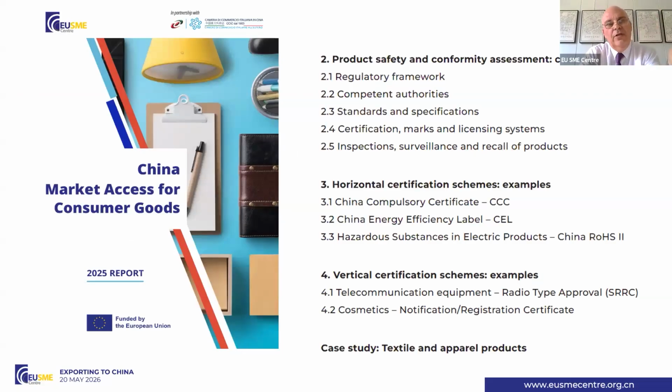You will have on our website a report with all the details about how it works, how long it takes, how much it costs for the different standards, for the different market access labels, including for textile, for example, for cosmetics. You will find plenty of information on what you need to be compliant with.